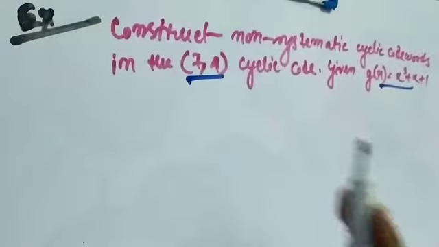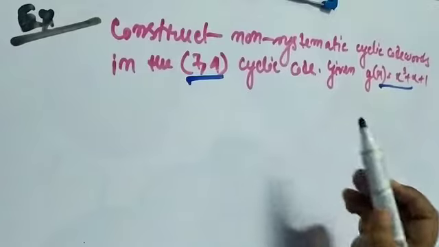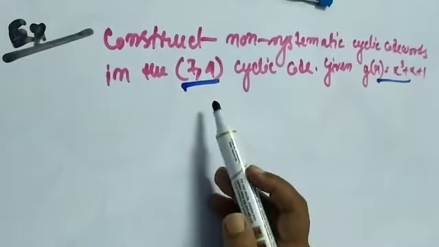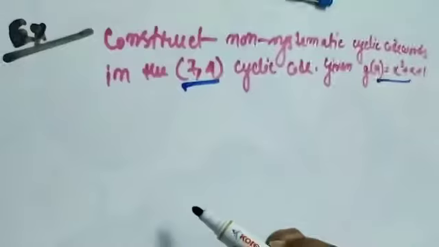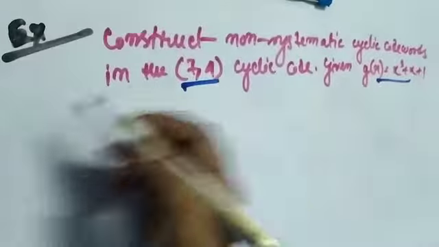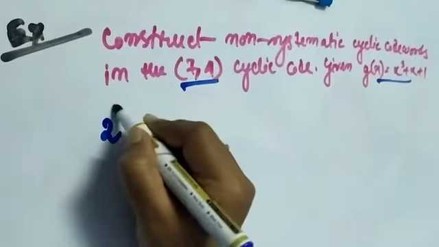Now 7/4 is also a linear block code, because you already know the cyclic code is a subpart of linear block code. That means if 7/4 is a cyclic code, it is obviously a linear block code. So according to the linearity property, the number of code words present in that code is 2 to the power k.